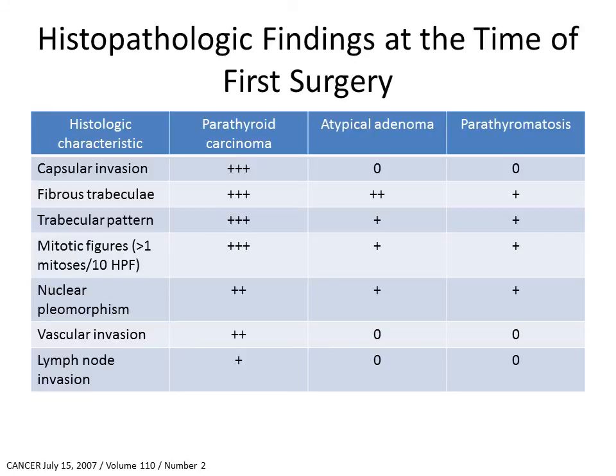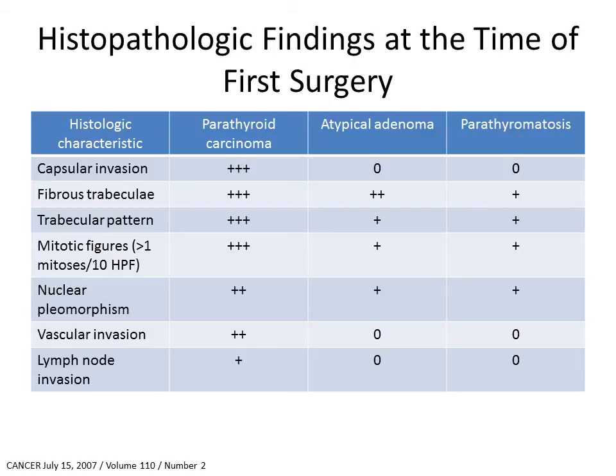An atypical adenoma can present with it, but that is rare, and parathyromatosis is usually very rare. Parathyroid carcinoma presents with a trabecular pattern, whereas atypical adenomas and parathyromatosis do not. They most resemble the normal parathyroid tissue. The mitosis is usually greater in parathyroid carcinoma compared to the other two.